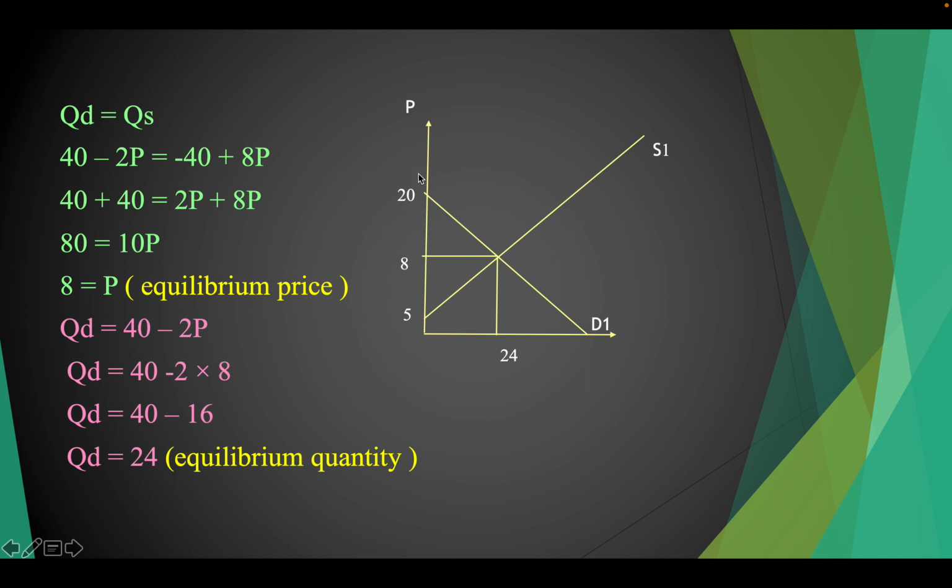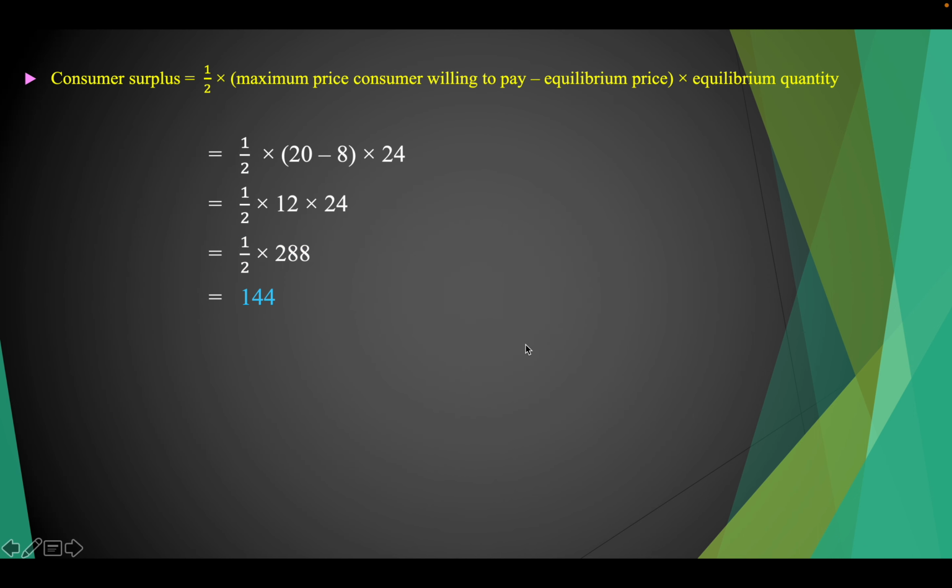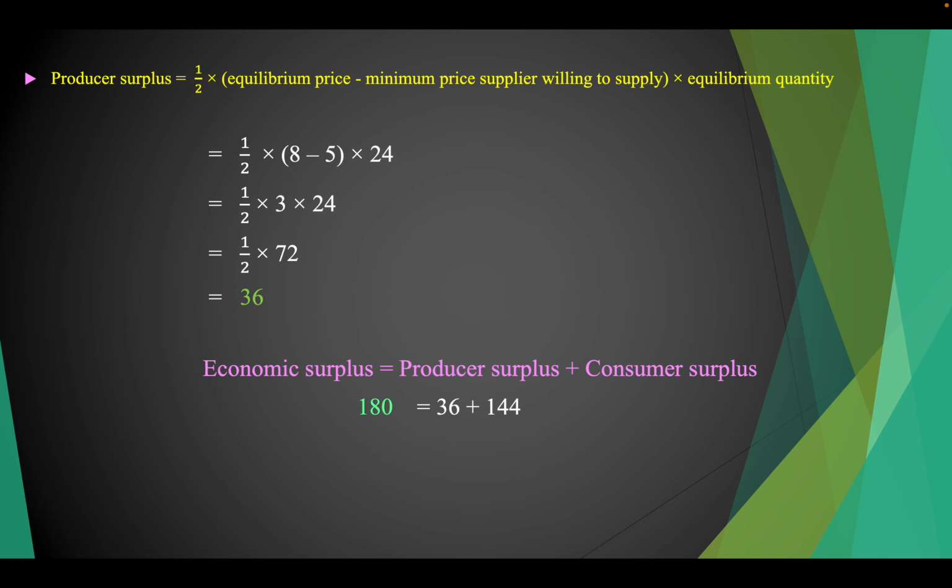This is the maximum price the consumer is willing to pay, this is the equilibrium price and this is the equilibrium quantity. Add these amounts to this equation. Then the amount is 144.